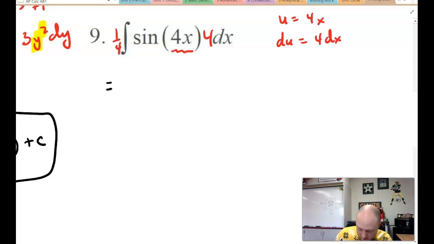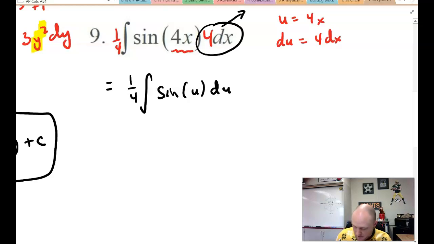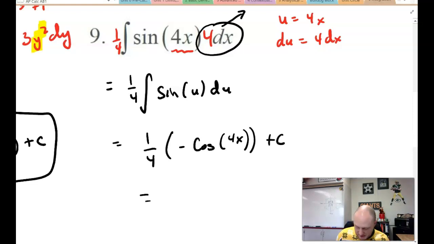So this becomes 1/4 times the integral of sine of u du, right? There's the hook-on factor that's going to go away. And the integral of sine is just negative cosine. So 1/4 times negative cosine of u, which is 4x, plus c. So I would rewrite it like this.